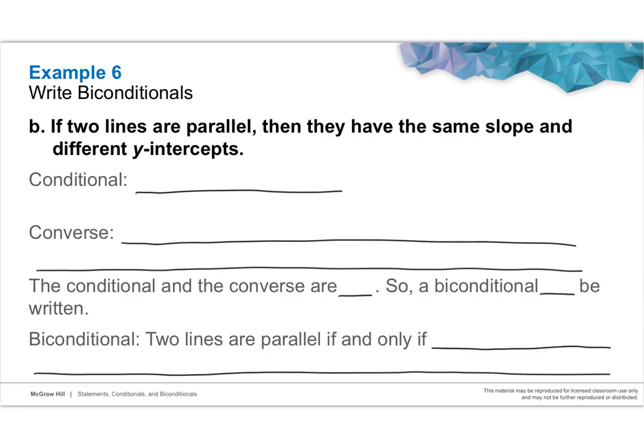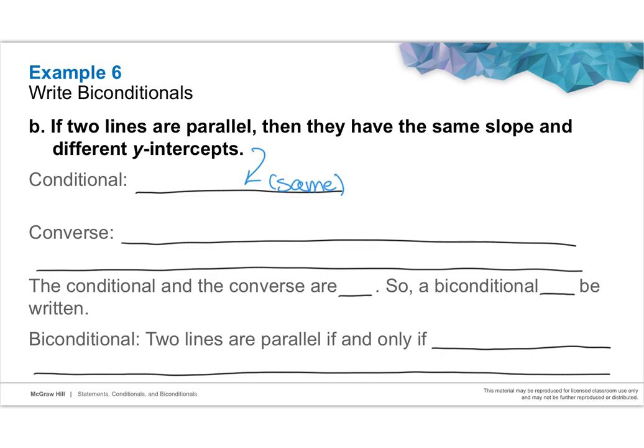So now we say on part B, if two lines are parallel, then they have the same slope and different y-intercepts. Hopefully you can see that this is already in if-then structure, so I'm not even going to have us rewrite that as the conditional. It's just the same as what we have here. But our converse is going to interchange that hypothesis and conclusion.